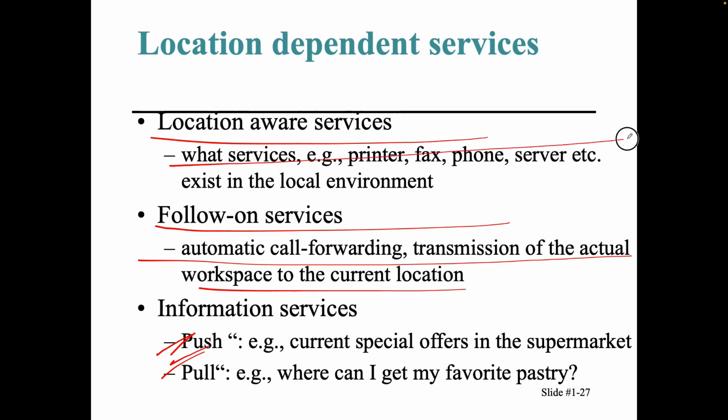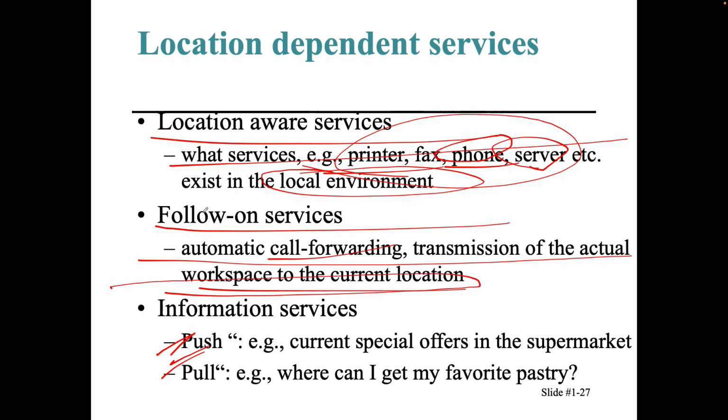Location aware services. So I understand this is local environment like a printer, fax, a local server, phone, intercom would all be local devices, right? Follow on services, automatic call forwarding, transmission of actual workspace to the current location. I don't understand. Are they forwarding fax from one to another device which is outside the local network?